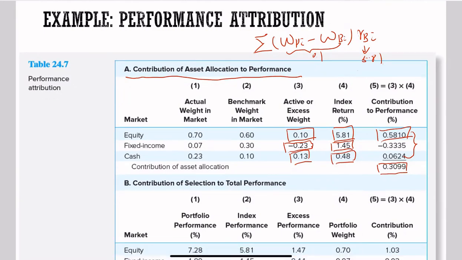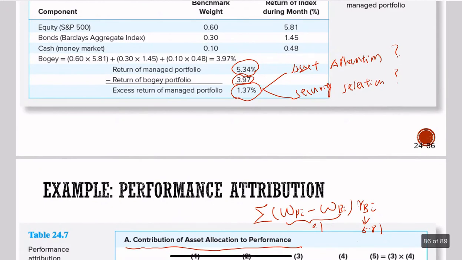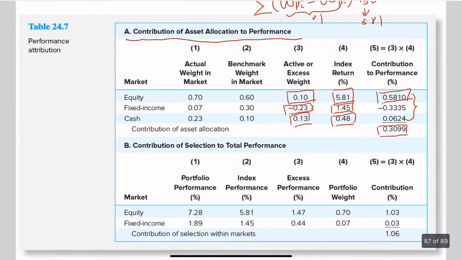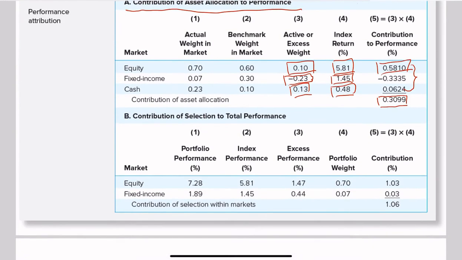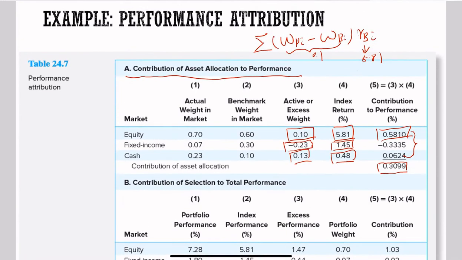Okay, this is great. So you can see that the total difference is 1.37%, right? And you can see that 0.31 can be attributed to asset allocation. Now let's think about the second component, which is security selection, right? The formula for security selection is that you will look at return differences, because security selection will generate return differences.